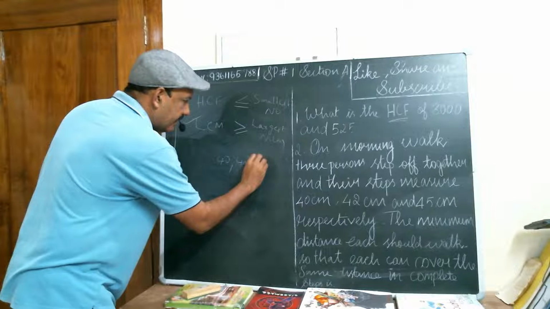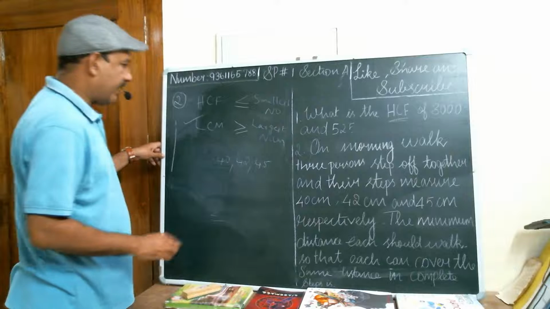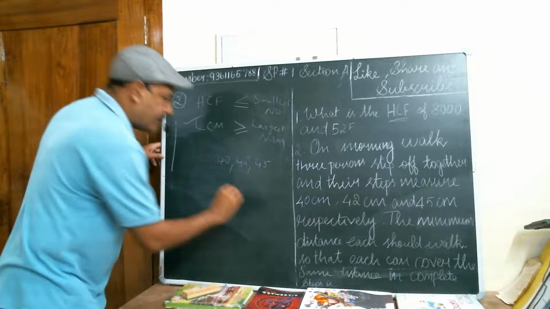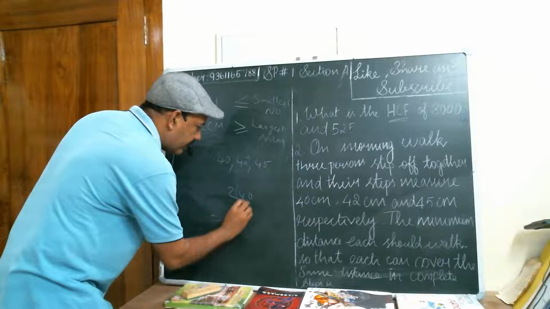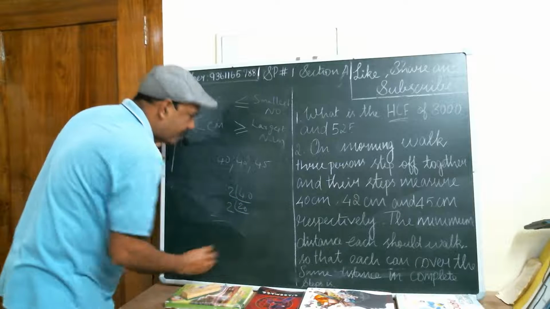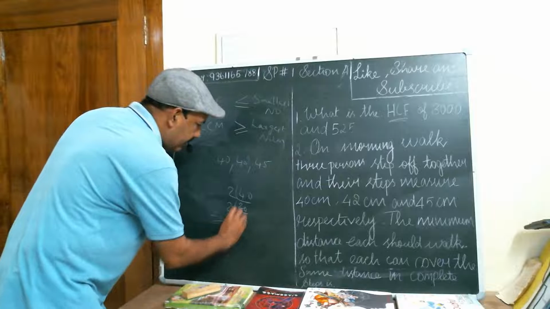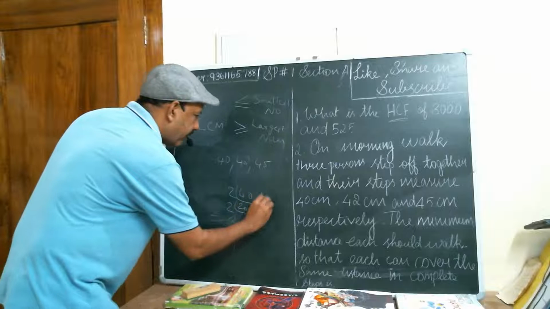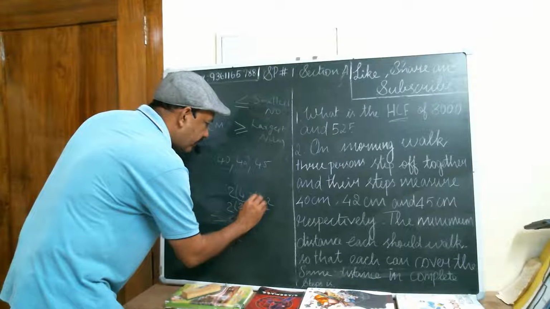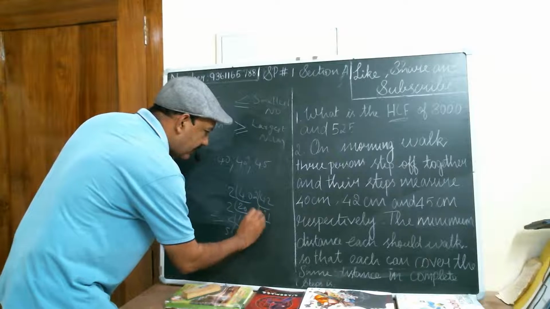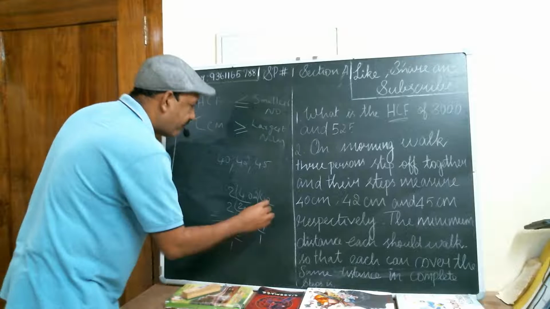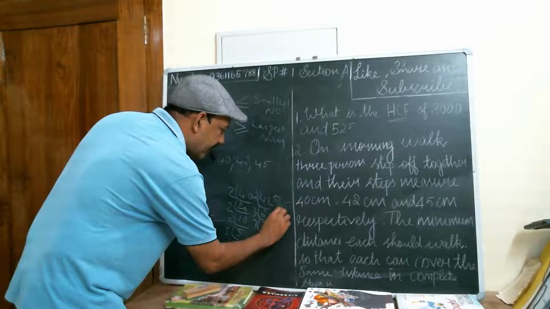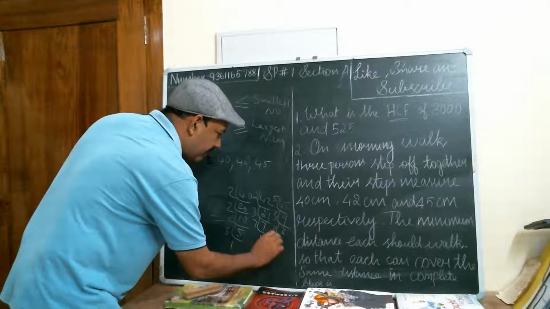I am going to use 40, 42 and 45. If I convert, which table does it go? 40: 2 table 20, 2 table 10, 2 table 5, 5 table 1. Now 42 can be written as 2 table 21, 3 table 7, 7 table 1. Now 45 has to be written as 5 table 9 times, 3 table 3 times and 3 table 1 time.